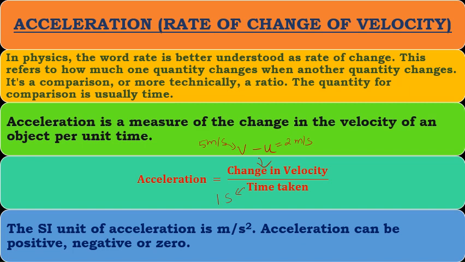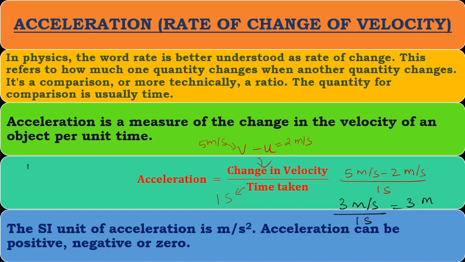So how will I write the acceleration now? It will be 5 meter per second minus 2 meter per second, divided by 1 second. So 5 minus 2 is 3 meter per second, divided by 1 second. 3 by 1 is 3, and I already have meter per second, divided by second.